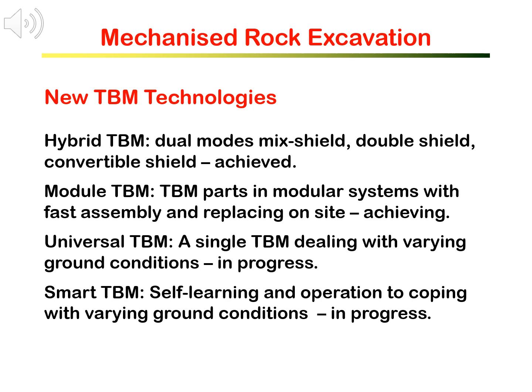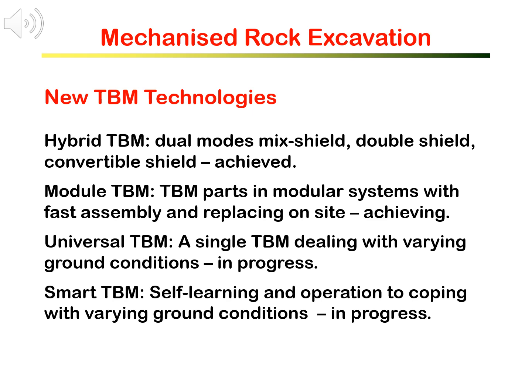So far, many of such technologies have been achieved. 2. Modular TBM, that is TBM parts in modular systems with fast assembly and replacing on site. The technologies have been developed and are towards achieving.